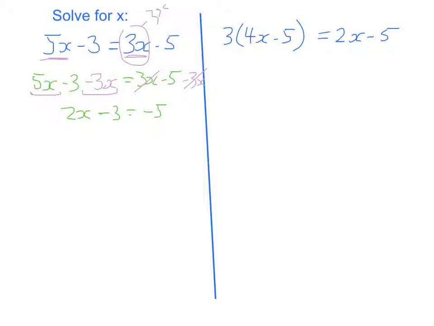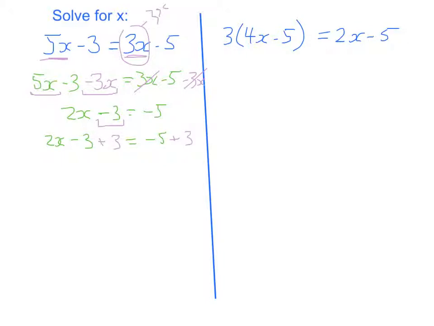Now we keep going with our reverse order of operations. Next thing that we have to deal with is to take away 3, so we're going to add 3 to both sides. So we go 2x take away 3, and we're going to add 3 equals negative 5, and we're going to add 3 to that one.